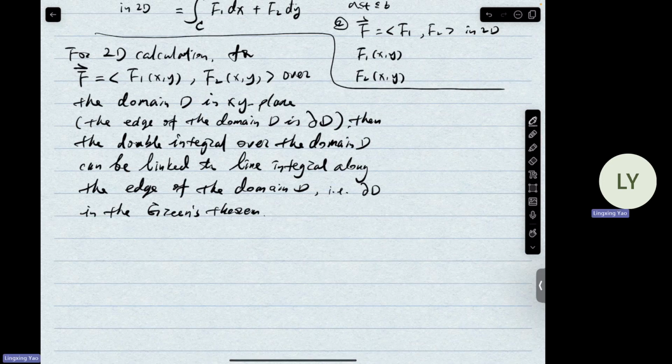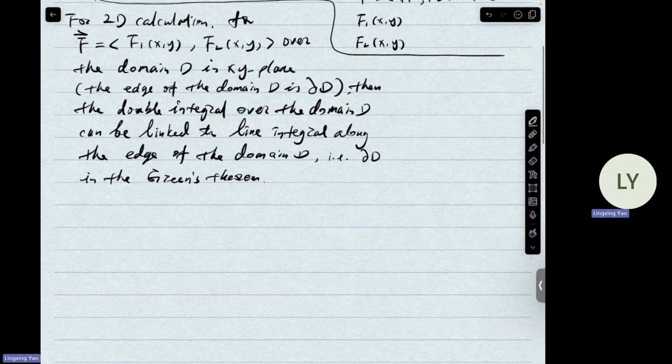Essentially the Green theorem is making connections between the double integral and the line integral.